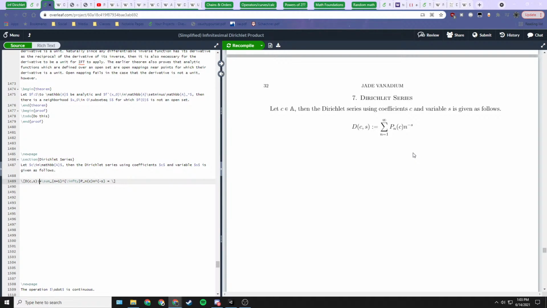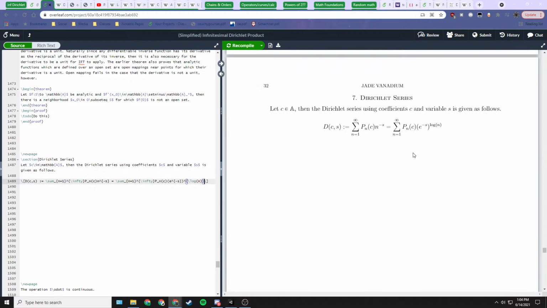just as an example. We could write this as, instead of n to the power of negative s, we could have e to the power of negative s, and then to the power of log n. That would be an equivalent representation.